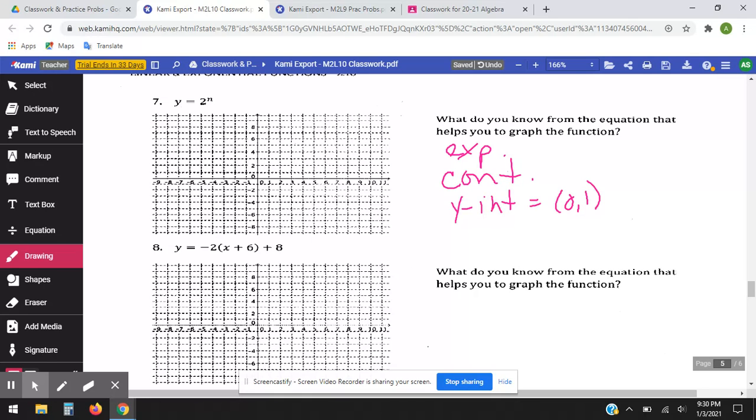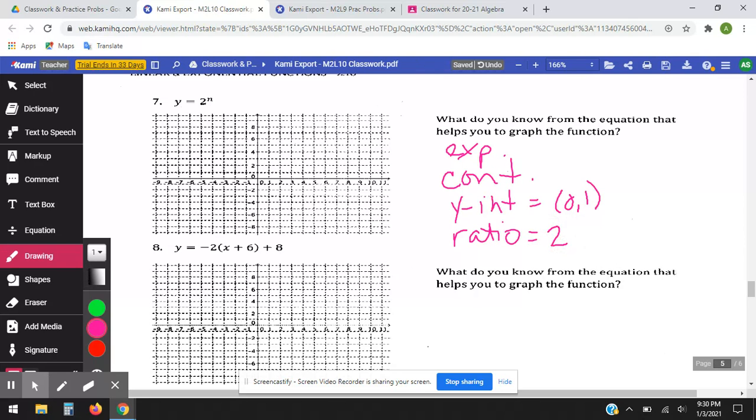So (0, 1). And then I have a common ratio, because I'm repeating multiplication of 2 each time, so my common ratio is 2.